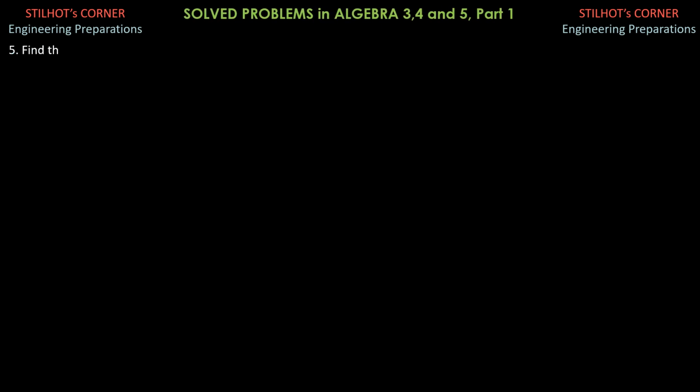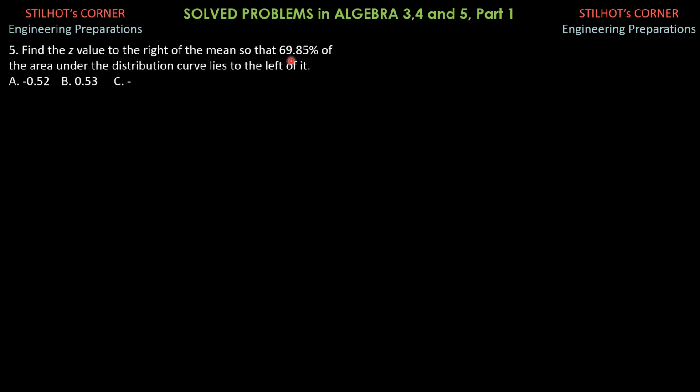Problem 5. Find the z-value or z-score to the right of the mean so that 69.85% or 0.6985 of the area under the distribution curve lies to the left of it.